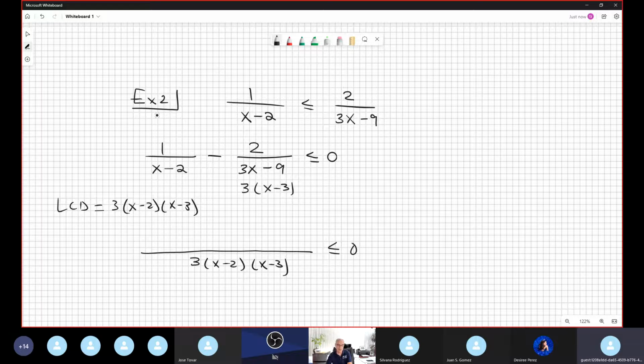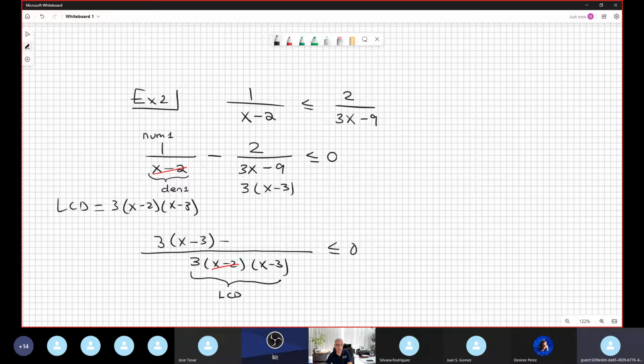When you divide mentally the LCD by this denominator, which I call denominator 1, it's obvious that this x minus 2 is cancelled, and what stays alive is 3 times x minus 3 multiplied by numerator 1. So 3 times x minus 3. Do you follow me? Minus. I haven't finished.